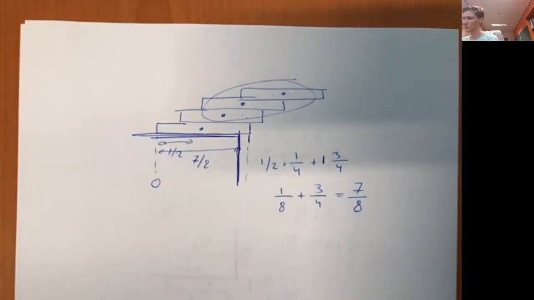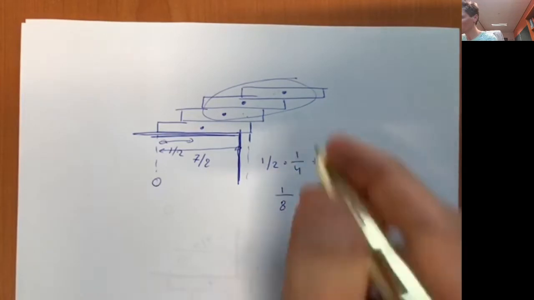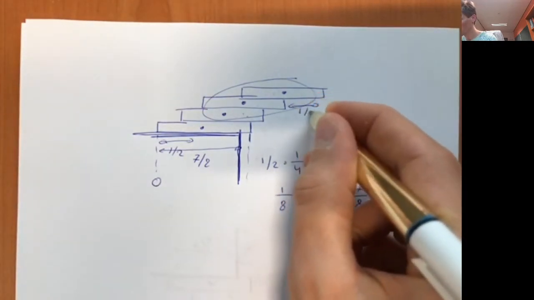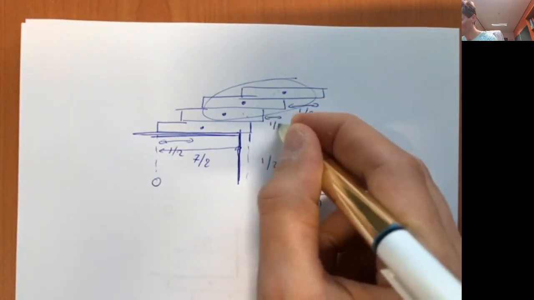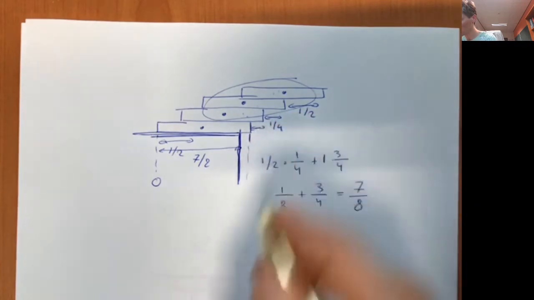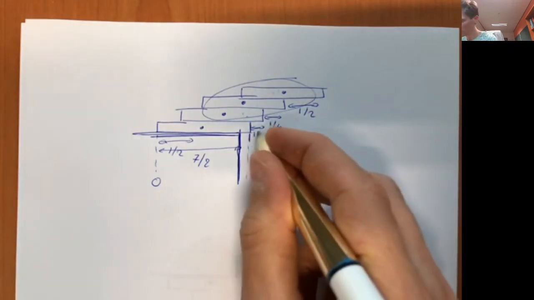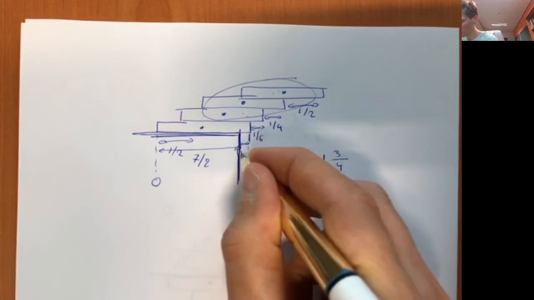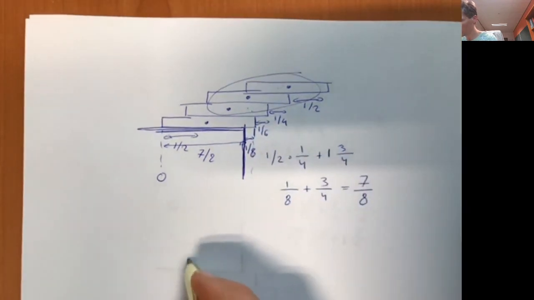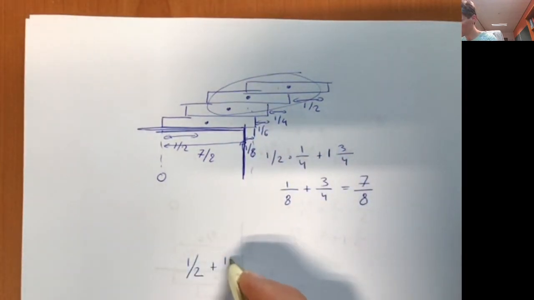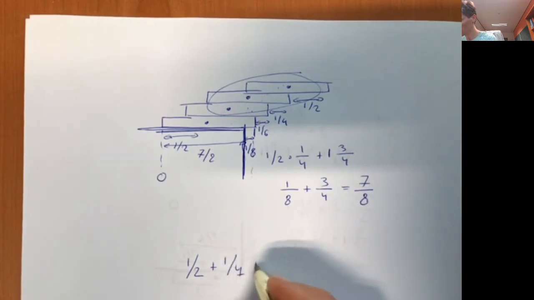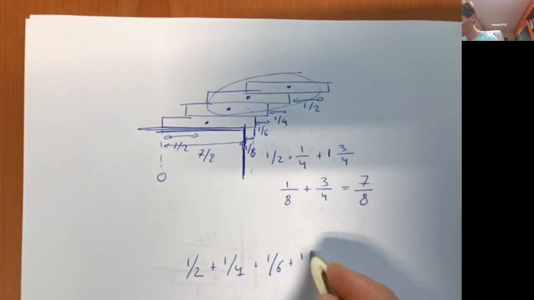Okay, so what's now the total overhang over the table? So I have 1/2. Here I had 1 over 4. Here I had 1 over 6, I think. And now here I have 1 over 8. So let's add all these numbers together. 1 over 4 plus 1 over 6 plus 1 over 8.